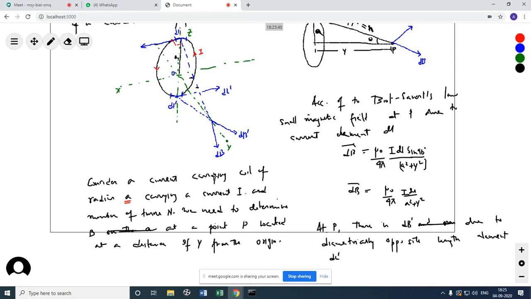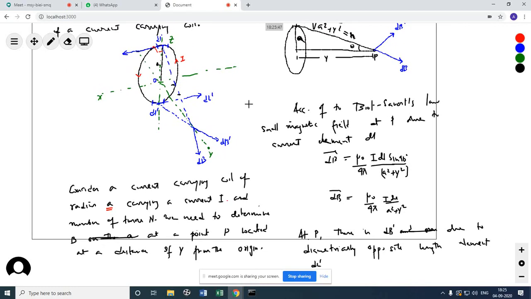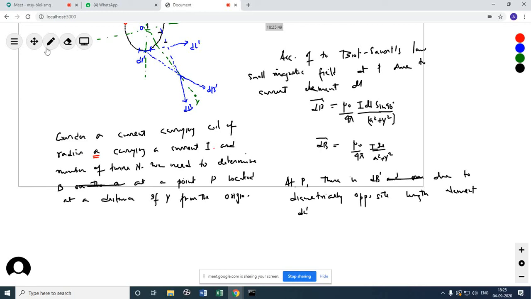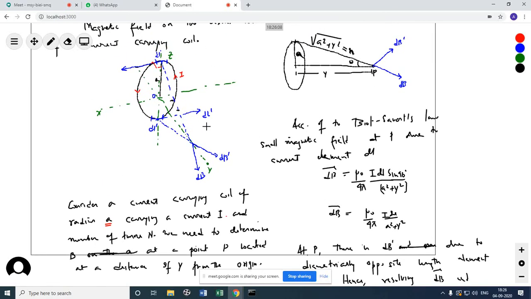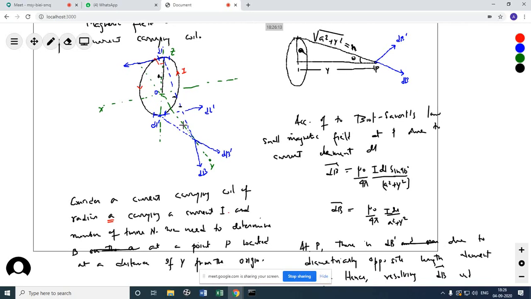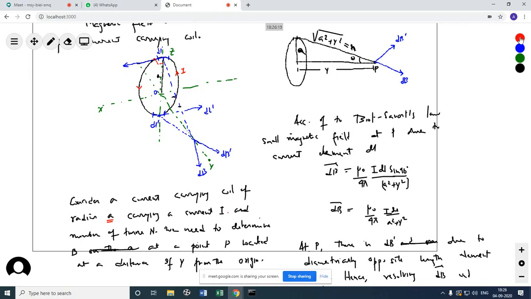Your concept should be clear: this y is not my r. That is r. So I said you note that the angle is 90, then can I write here sin 90? Yes, sir. How much is r square? r square would be a square plus y square. So this gives me the dB vector equal to mu naught by 4 pi I dl by a square plus y square. Okay?